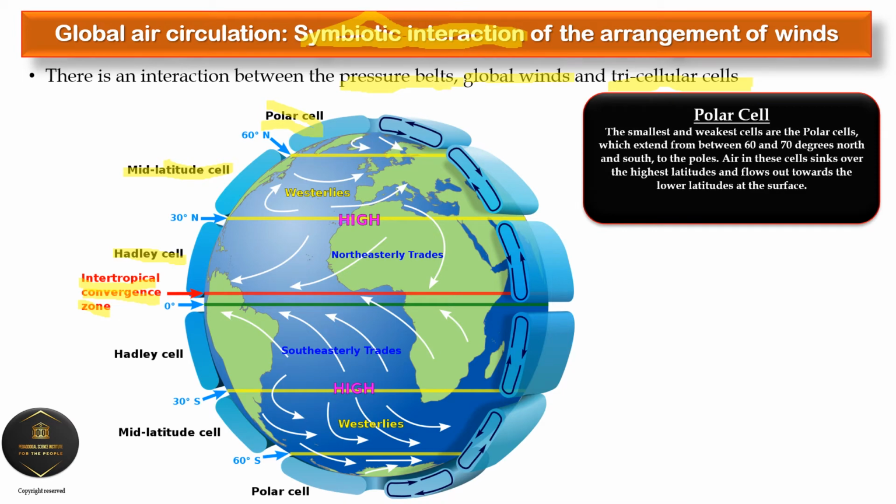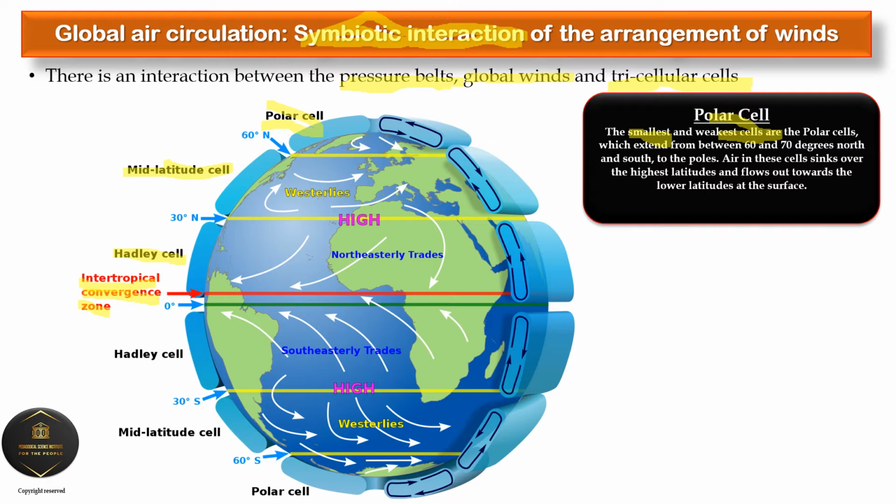Now, what is the polar cell? And maybe let's start there. You must note that the polar cell is the smallest and weakest of all the cells. So it extends between 60 and 70 degrees north, or we can just say it extends from 60 to 90 degrees north and south of the poles, right?